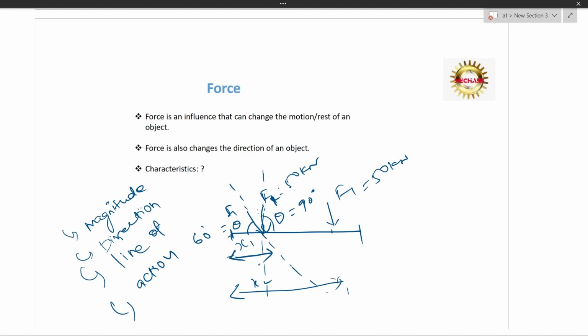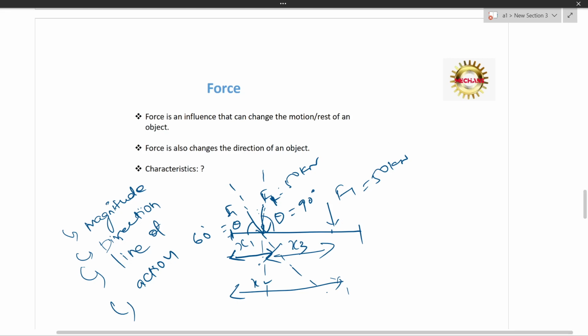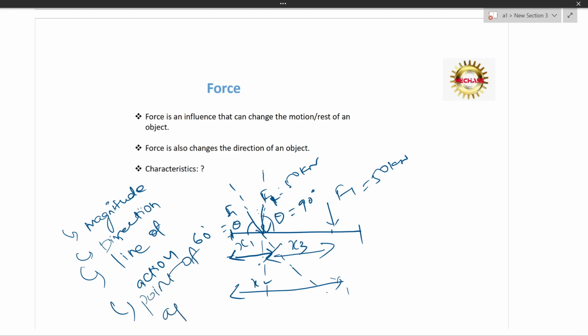The distance between x1 and x2 is considered as x3. Since the point of application is different, it will create a different impact on this beam. So we should consider the point of application also.